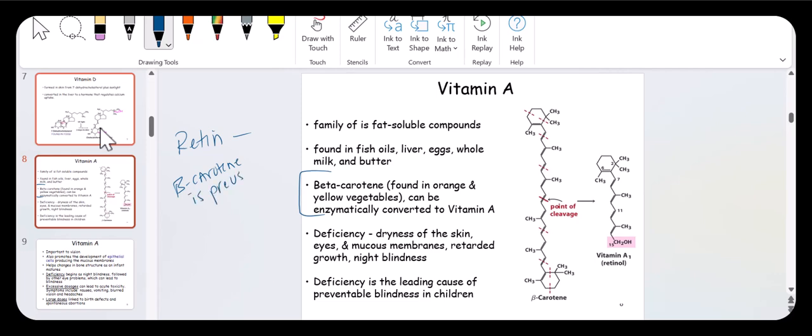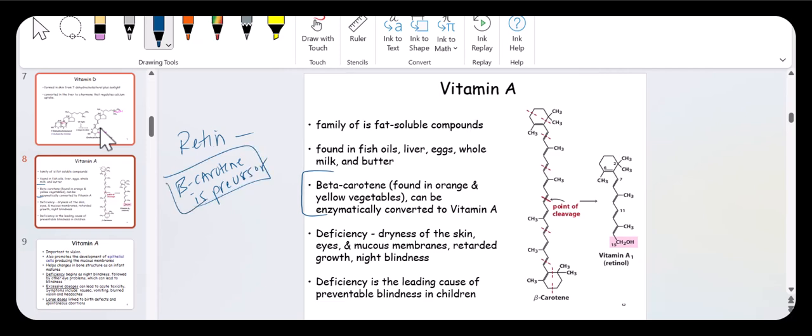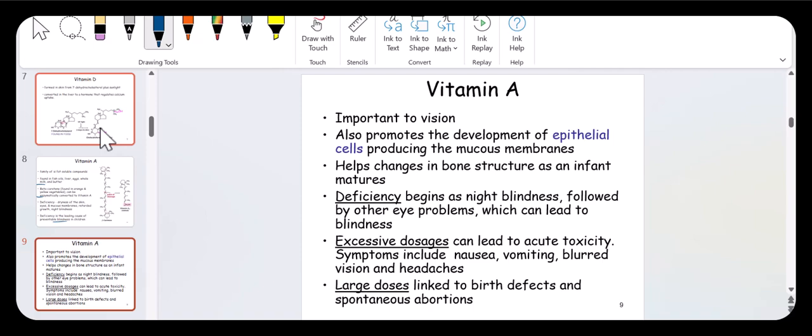That's probably a good thing to know. Deficiency, blindness, things like that. Then when we come back and talk about vitamin A, and you talk about vitamin A in other classes, you'll fill that out, reword it, edit it to make it work for you.